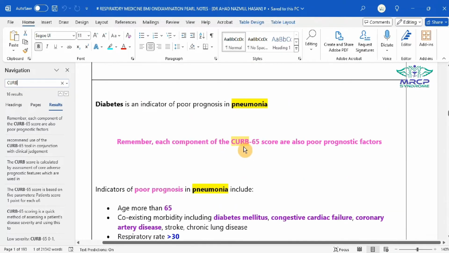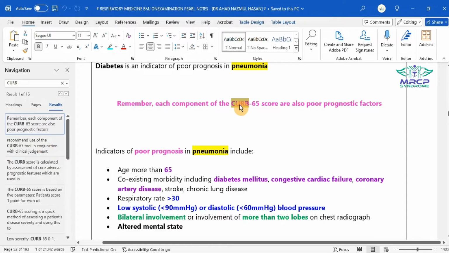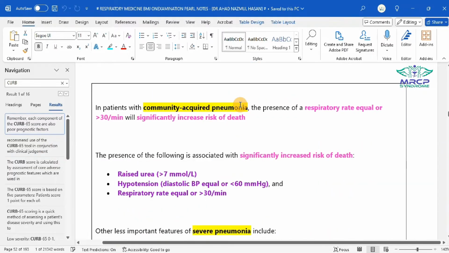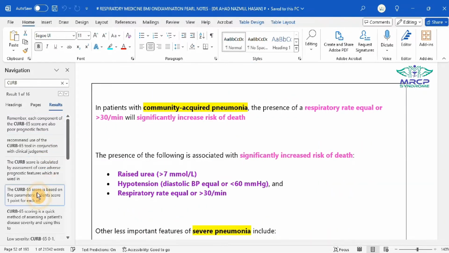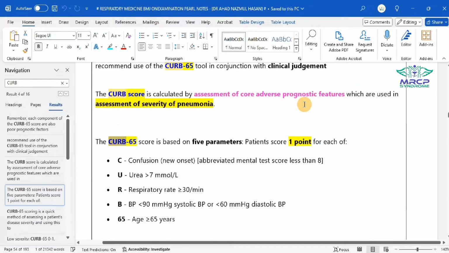Each component of the CURB-65 score is also a poor prognostic feature, and each carries 1 point. The BTS guideline on community acquired pneumonia in adults recommends use of the CURB-65 tool in conjunction with clinical judgment.